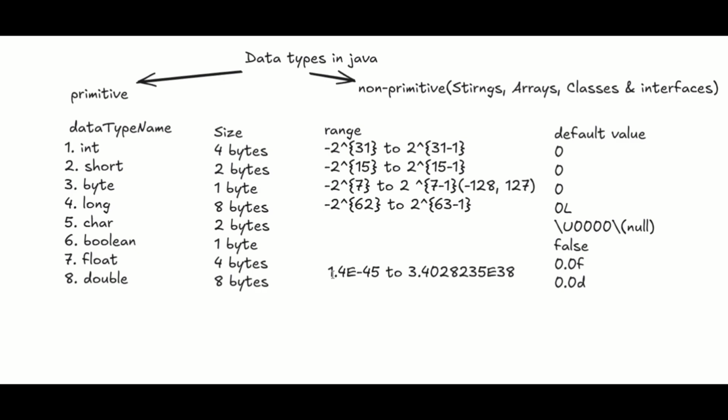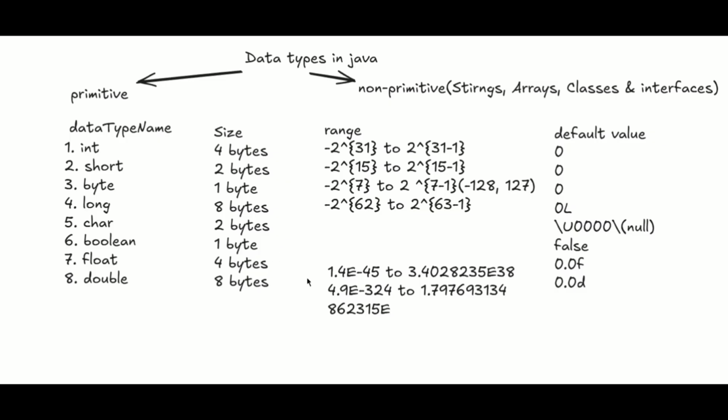And for double, the minimum value is 4.9e-324, and the maximum value will be 1.7976931348623157e308. This is the maximum value for double.